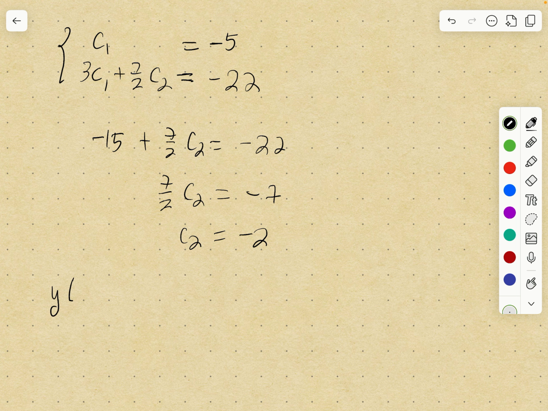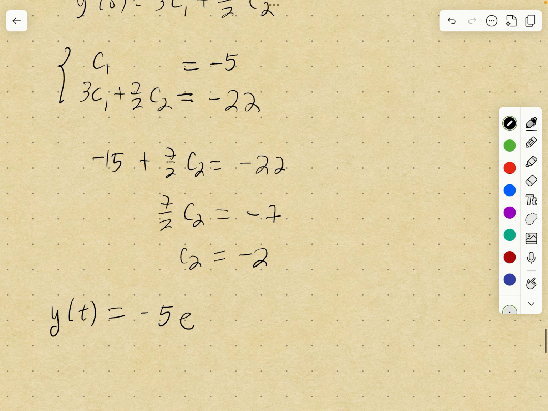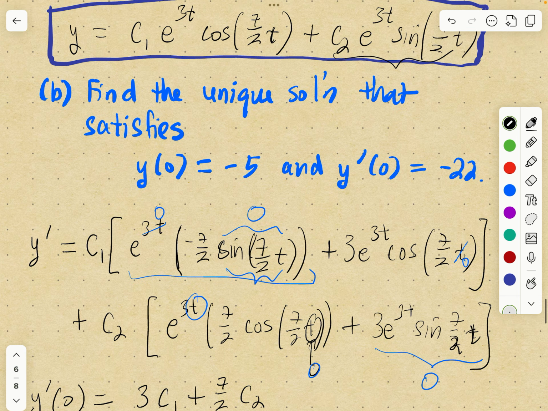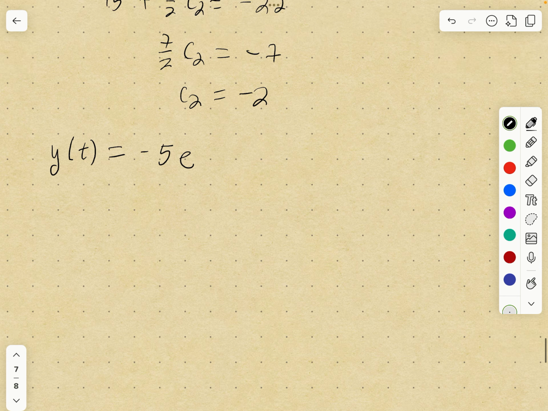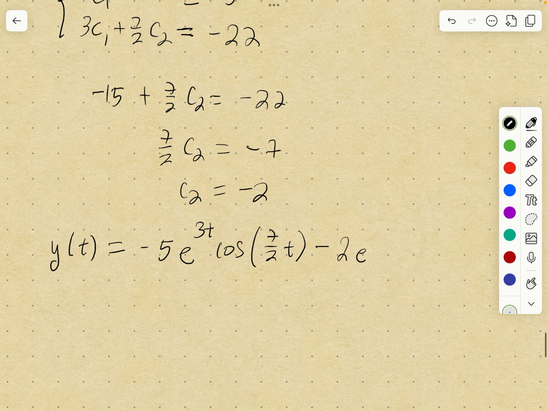The answer is y of t equals negative 5 e to the 3t times cosine of 7 over 2t minus 2 e to the 3t sine of 7 over 2t.